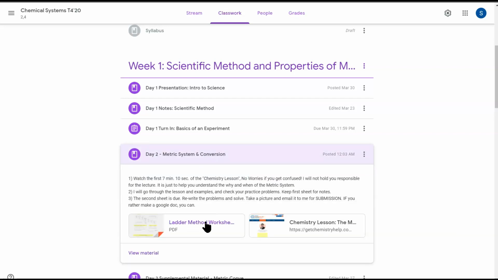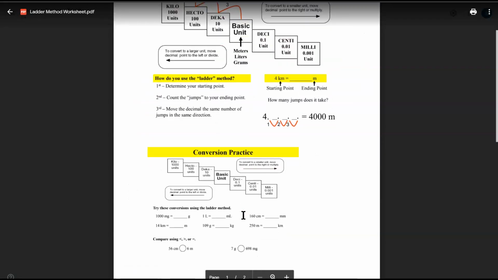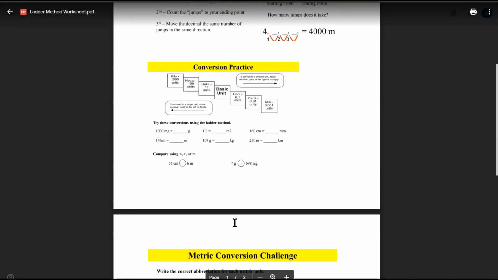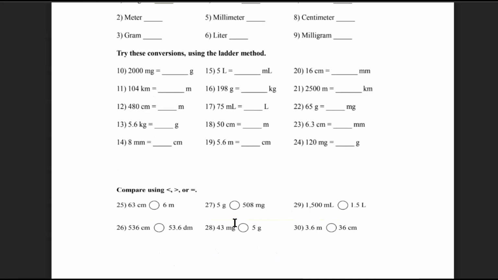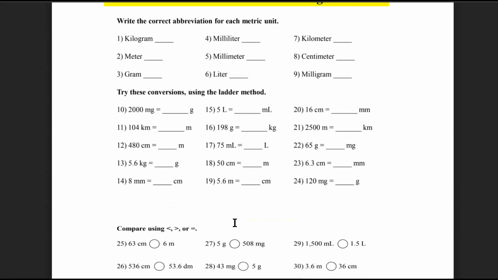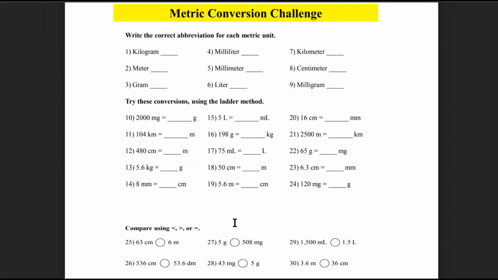Okay, so what do you have to do and turn in? Well, you don't have to turn in these examples, but do these right here. Okay, so on your paper, you just open up a Google Doc. Or if you, again, want to handwrite it, you can, and email me a picture. The way you do that is once you've done it on paper, you take a picture of it and upload an email, jschneider@mogoodwillexcel.org.